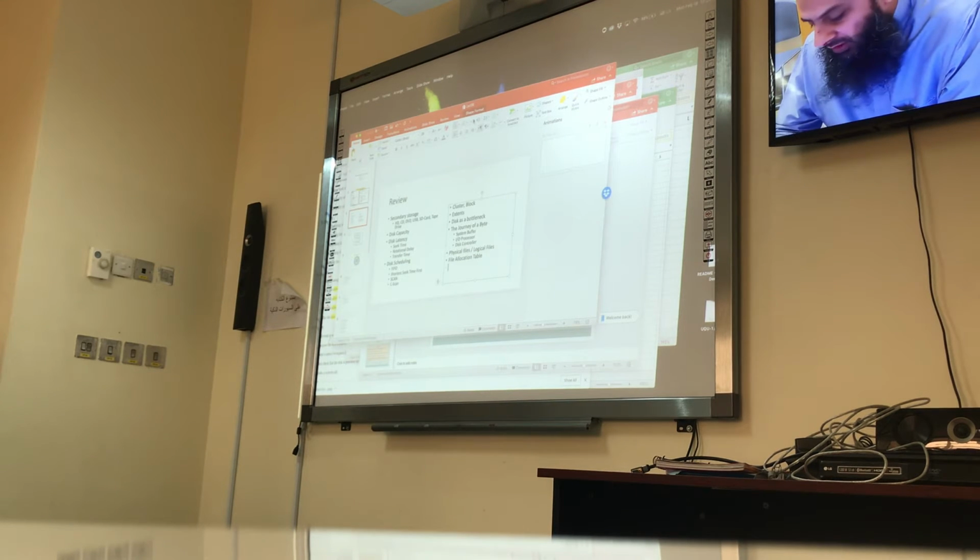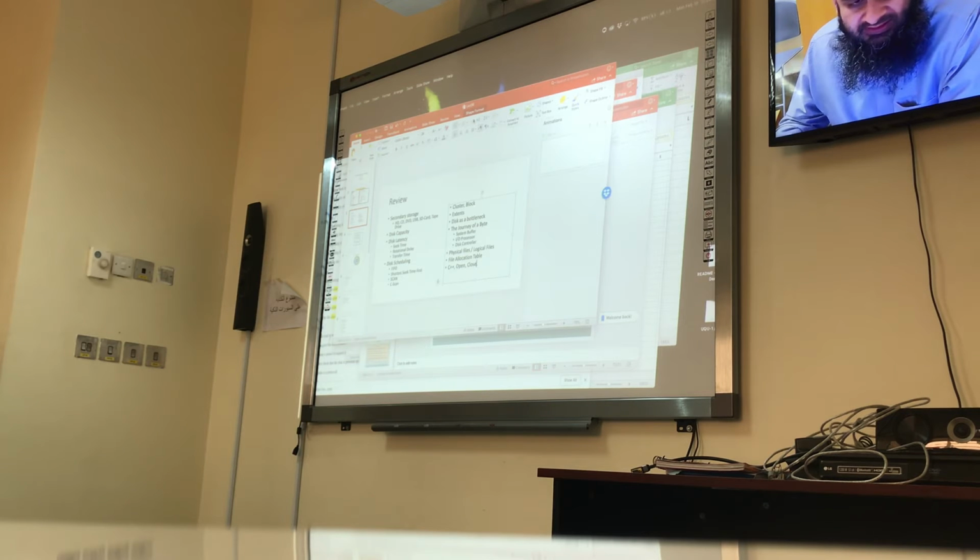Okay? And then we talked about different file operations in C++. We talked about the fstream object, which has two subclasses, the output file stream and the input file stream.